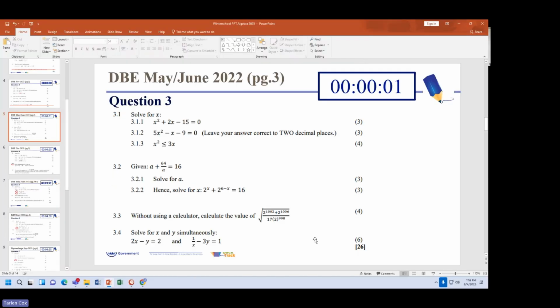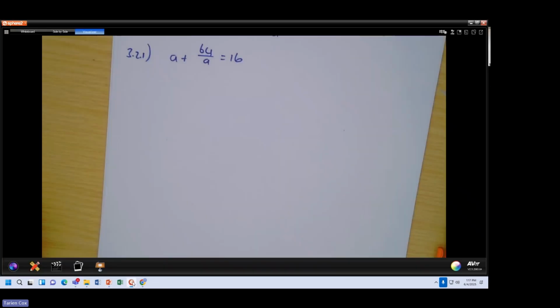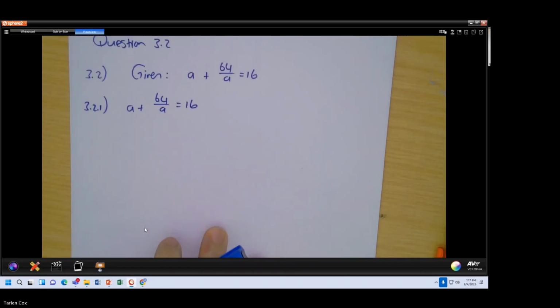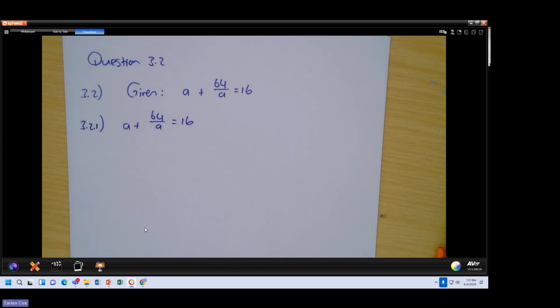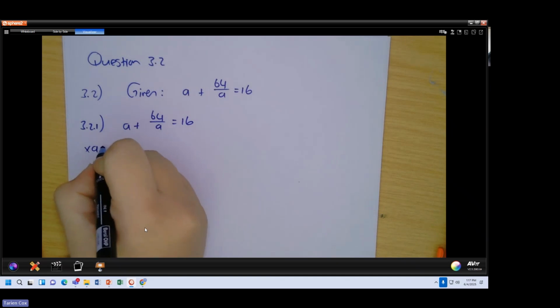Okay, great, Charles. So let us quickly look at that question. They've given this part to us and they said we need to solve for A. A is currently in my denominator as well as at normal level. I cannot have A in my denominator, so I'm going to multiply throughout with A. It's going to be our quickest route.